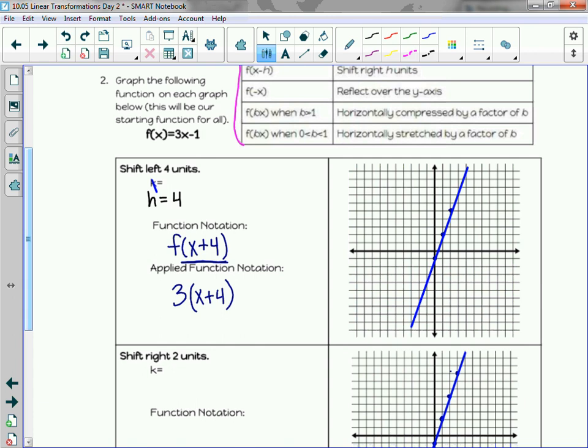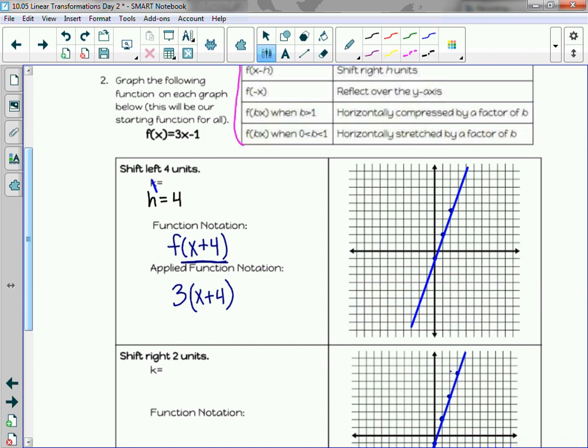Remember, if I said f of 2, you would go back and say 3 times 2 minus 1. Or if I said f of x equals 2, you would say that 2 equals 3x minus 1, right? So are you replacing the entire function, or are you just replacing x? In the horizontal case, we're just replacing x with our rule.